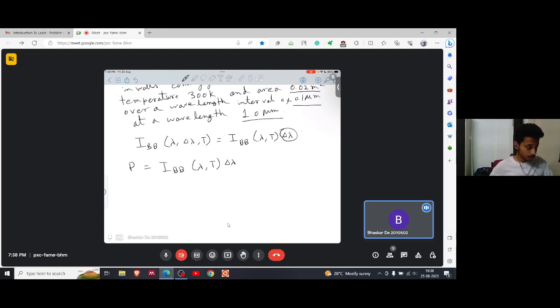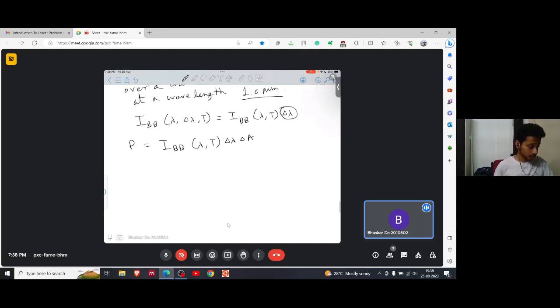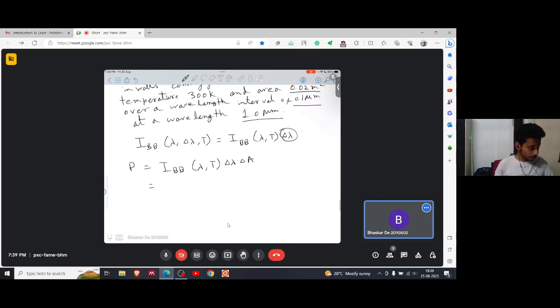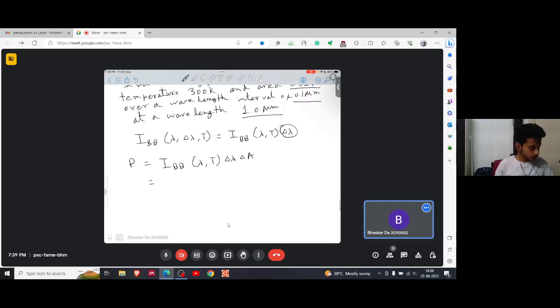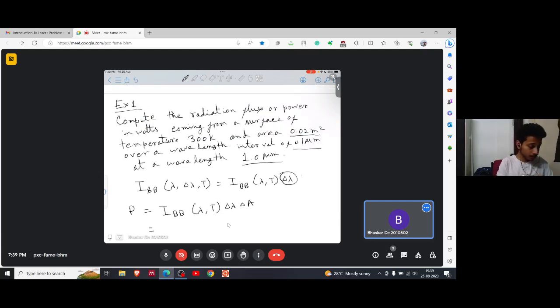So up to this we will obtain a quantity that is watt per meter square, then we will multiply with the area, then we can obtain the power in watts or the radiation flux.